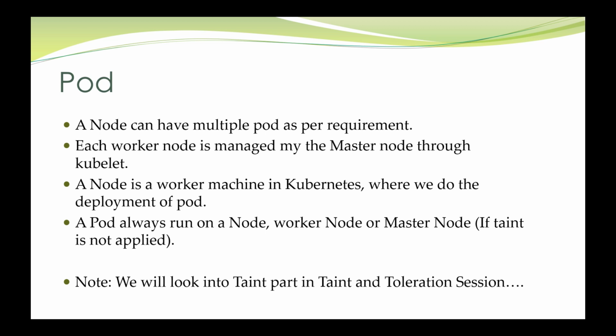But this is the worst scenario, because the master node is not recommended for the deployment of pods. You need to deploy the pod on the worker node only. So that's why we applied that change, so that unfortunately, or due to some mishap, no pod gets deployed by mistake on the master nodes.